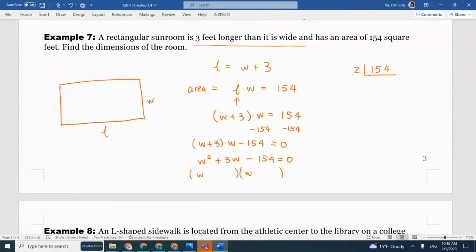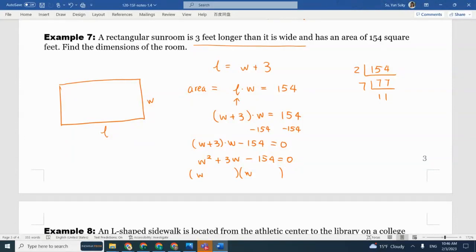And then we divide by 2, we get what? 7 times 2 is 14, and we said 14, so 77. Have you seen this before? We'll try to find the factors. So we get 77. What are the factors of 77? Yeah, 11 and 7.